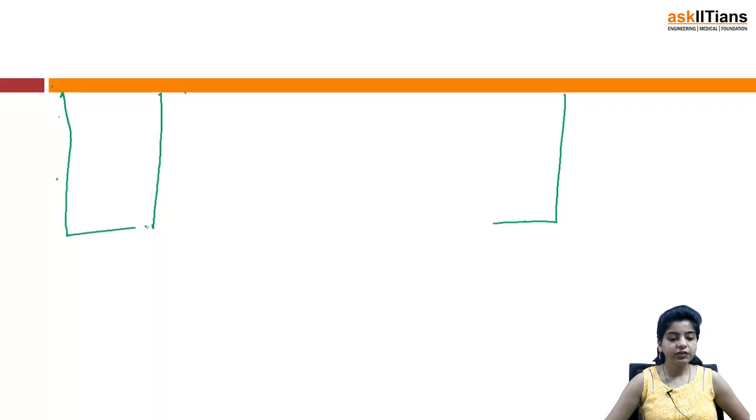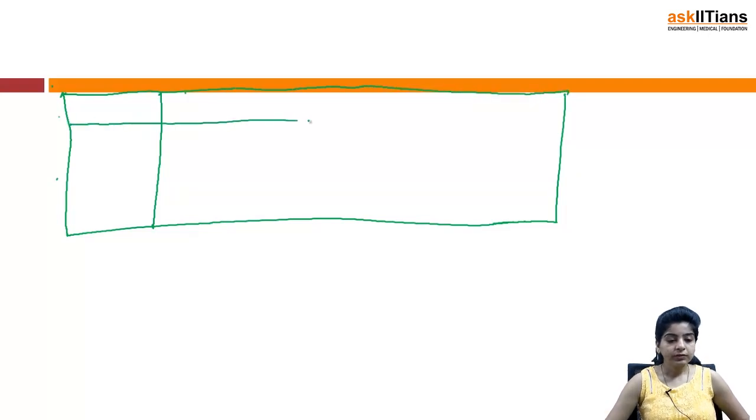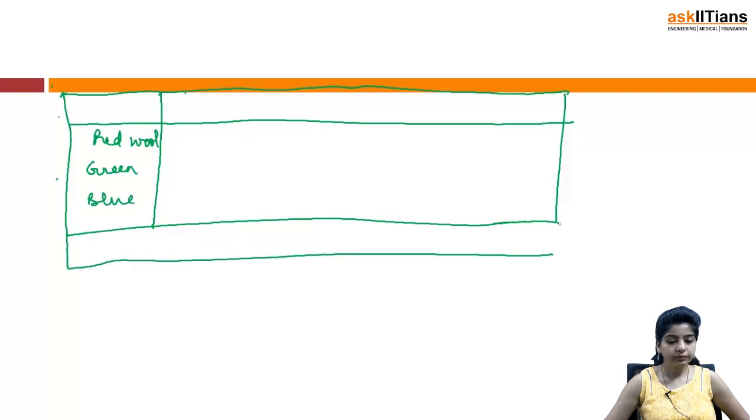This is the easiest way to formulate an LPP, because once you have the information gathered in the form of a table, it becomes quite easy to form the constraints. So here we have 3 types of wool, that is red wool, then you have green and then you have blue. You can also form income here, right? So here we have income.